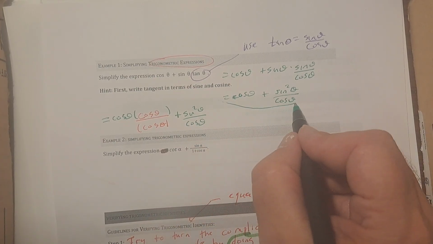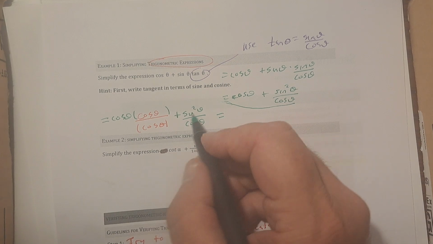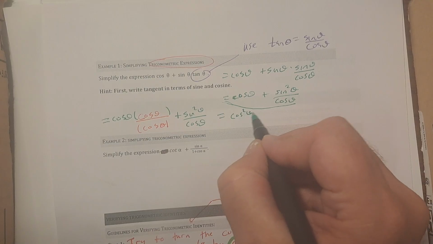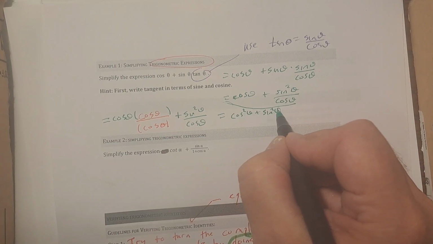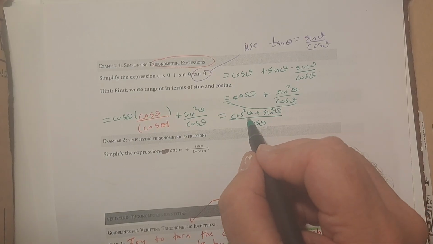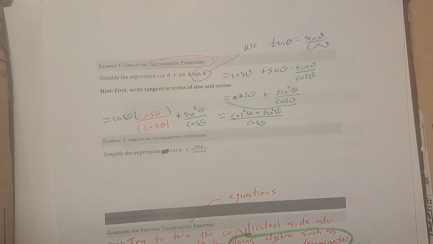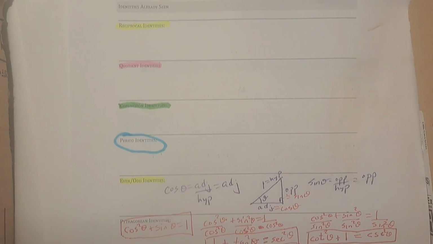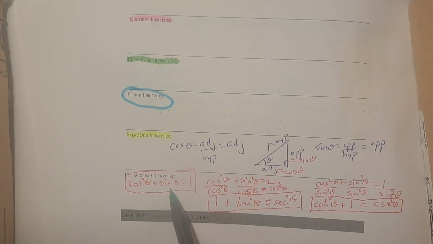So now there's a common denominator of cosine of theta. So you get cosine squared theta plus sine squared theta, all divided by cosine theta. And cosine squared theta plus sine squared theta, that's our most popular Pythagorean identity. Cosine squared theta plus sine squared theta is 1.